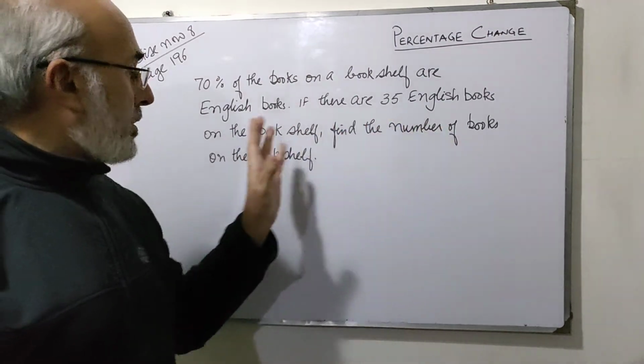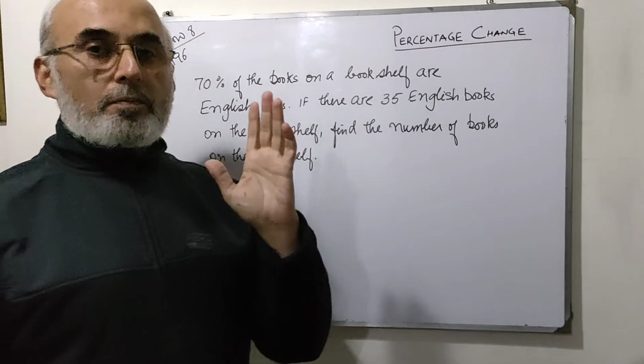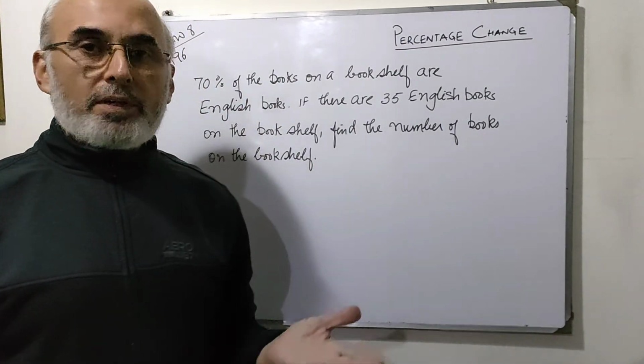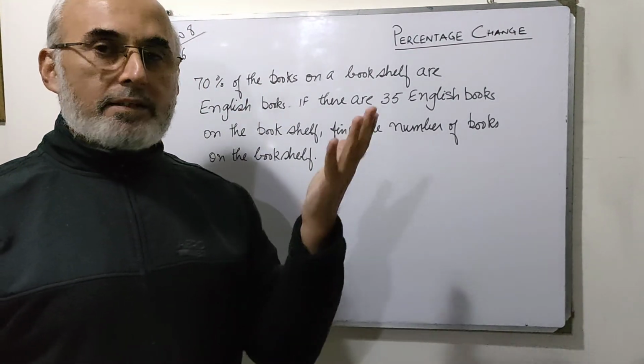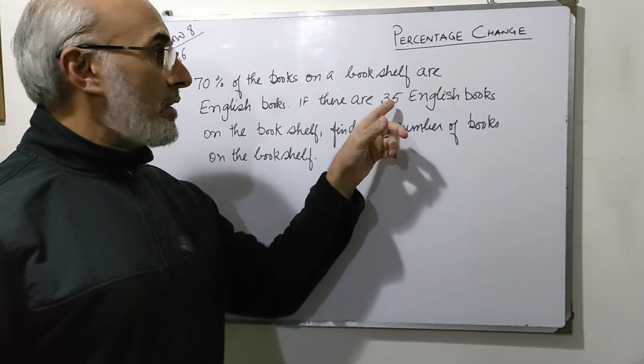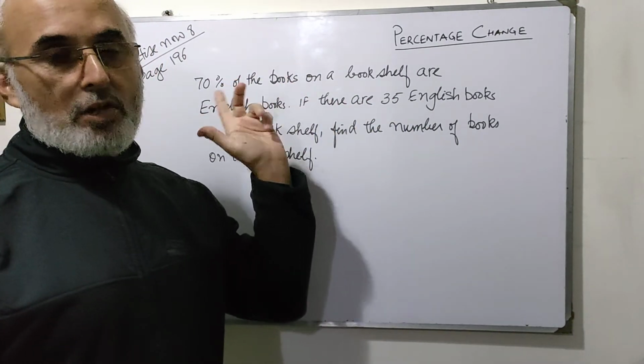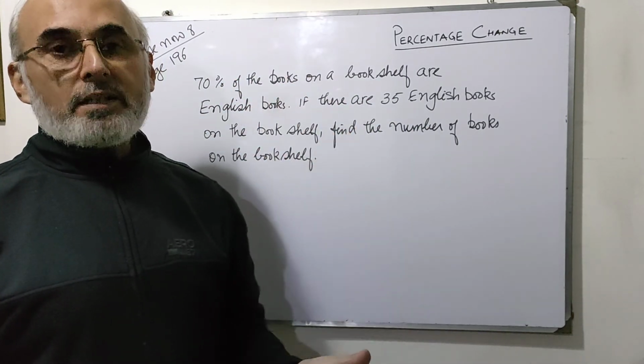Find the number of books on the bookshelf. Okay, now we don't know the number of books on the bookshelf, and 70% of that number is 35, because 35 is the number of English books and 70% of the books are in English.